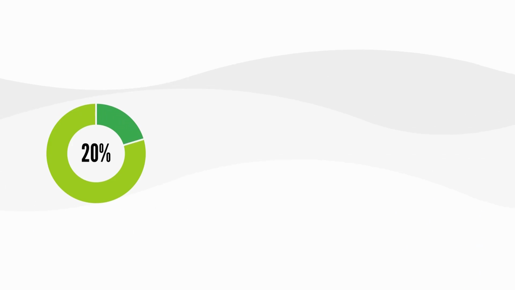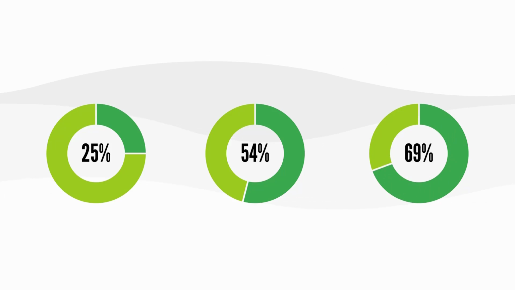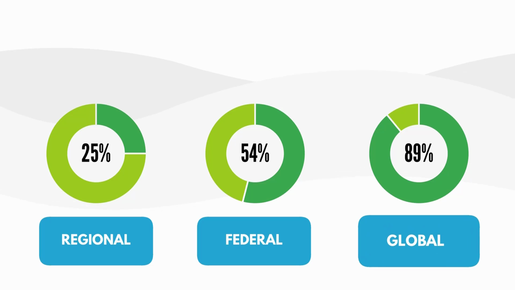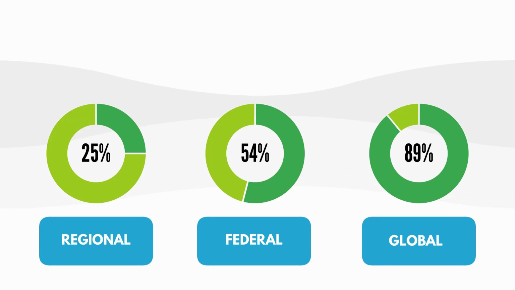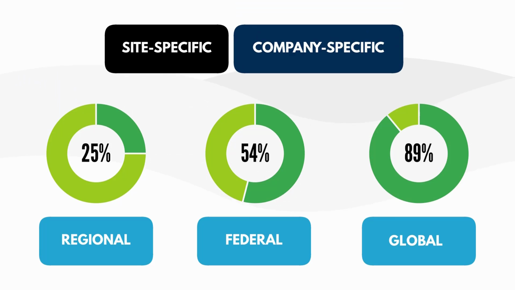Additionally, the library contains emission factors for quantifying emissions from various sources based on regional, federal, and global published emission factors. You can also introduce any site-specific or company-specific emission factors to the system to ensure continuity with your reporting.